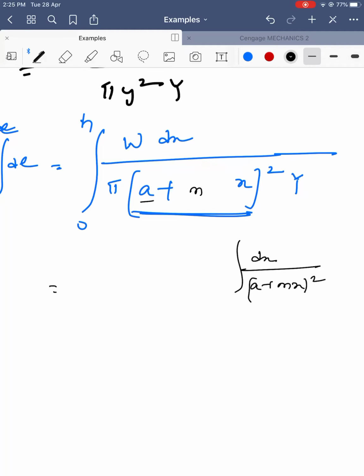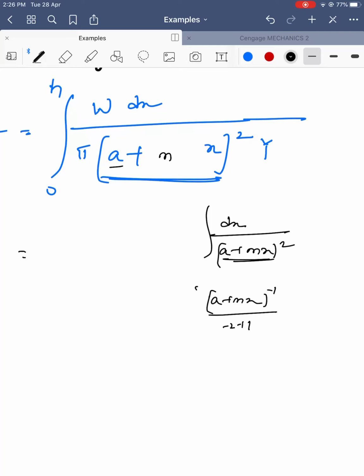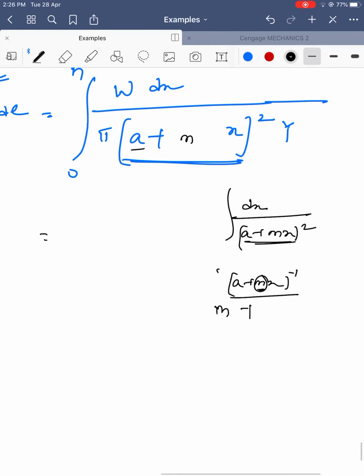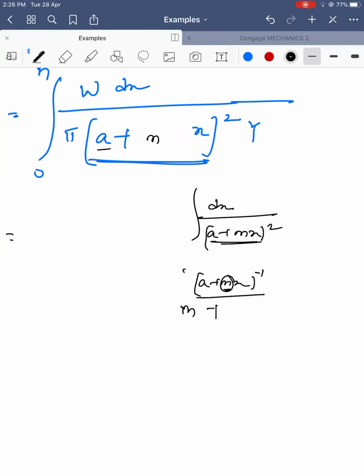If you do integration, it becomes A plus M into X power minus 2 plus 1 by minus 2 plus 1. It will be minus 1, and there will be the M term also. We should not neglect the M term, and the division should be with M. This is the integration rule.